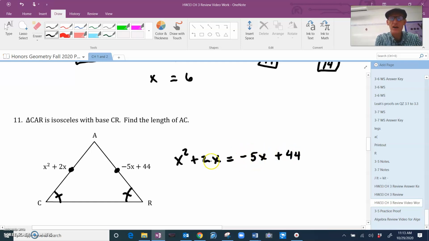So I'm going to add the 5x and subtract the 44 and set this equal to 0. That's how we solve quadratics. X squared plus 7x minus 44 equals 0 is what I get. Now I have to factor this.